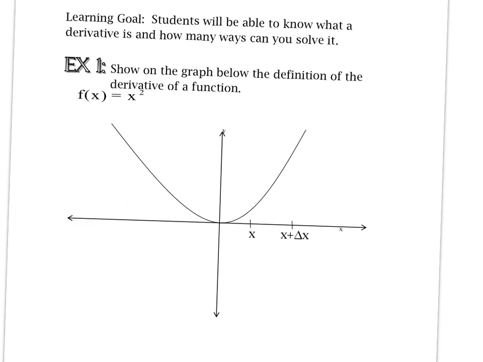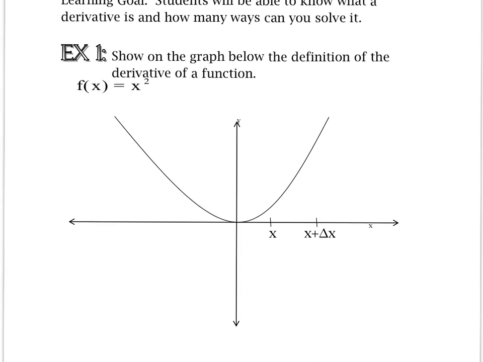So, you got this graph here. And you have this point x, and you have some other point called x plus delta x, or this could be an h as well. But you have some difference of points. And if we were to evaluate the heights, that would be f of x.